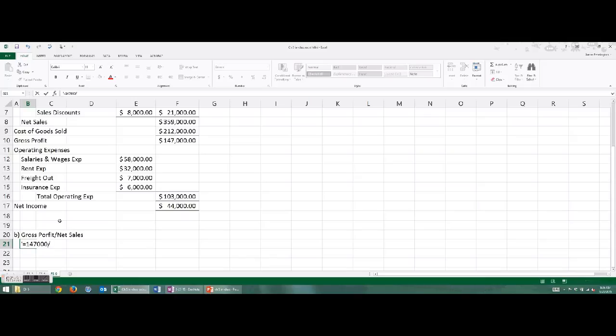So, in other words, for this problem, it looks like this: 147,000 divided by 359,000.